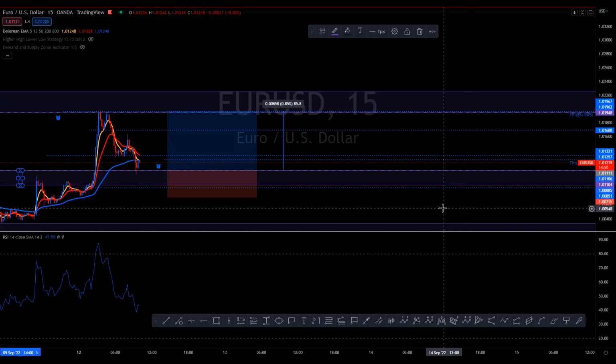Looks like it might be pushing down and retesting that area. This might be a retest candle.